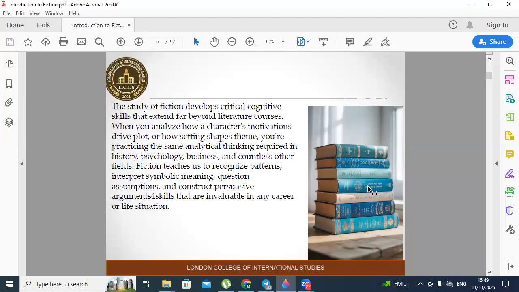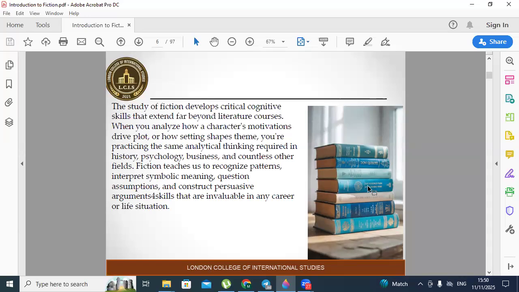A doctor interpreting patient narratives, a lawyer constructing case arguments, a business leader understanding organizational culture, a historian analyzing primary sources, all use interpretive skills honed through fiction study.